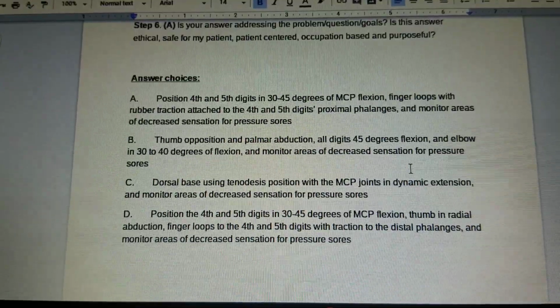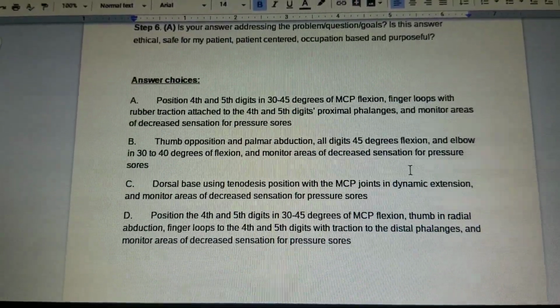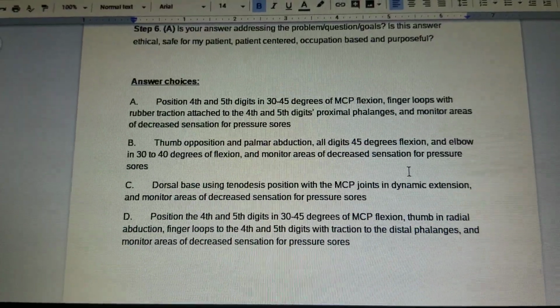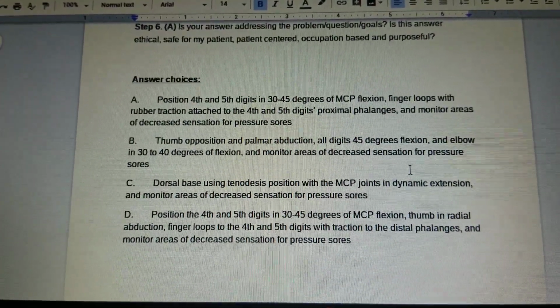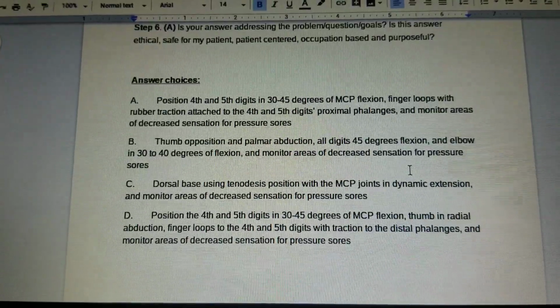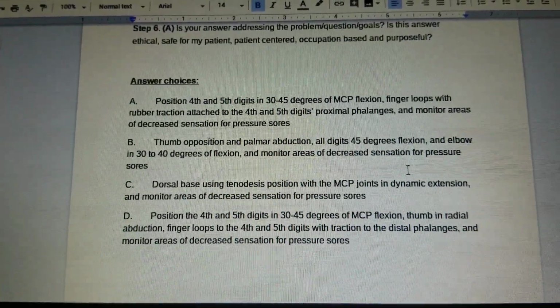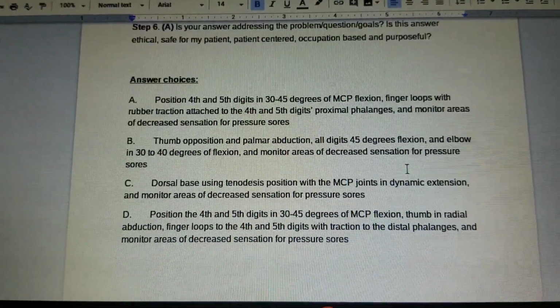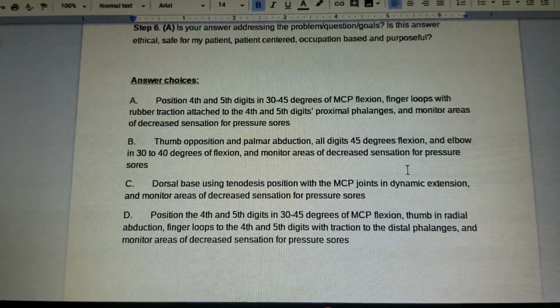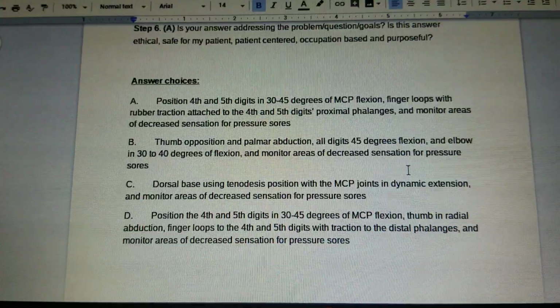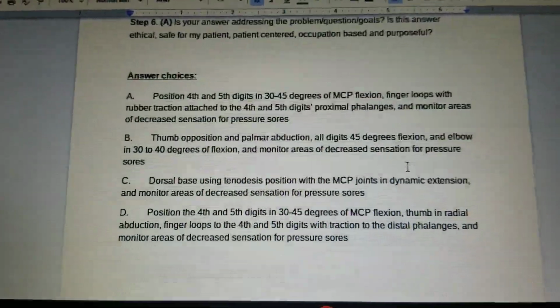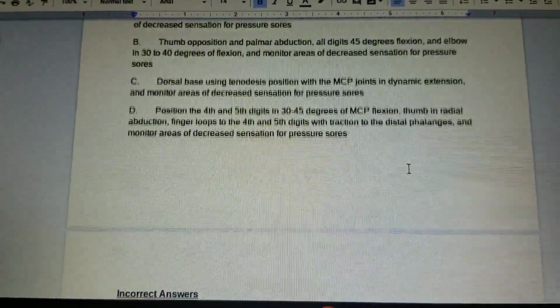C, dorsal base using tenodesis position with the MCP joints in dynamic extension and monitor areas of decreased sensation for pressure sores. D, position the 4th and 5th digits in 30 to 45 degrees of MCP flexion, thumb in radial abduction, finger loops to the 4th and 5th digits with traction to the distal phalanges and monitor areas of decreased sensation for pressure sores.